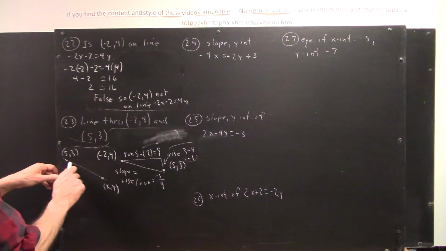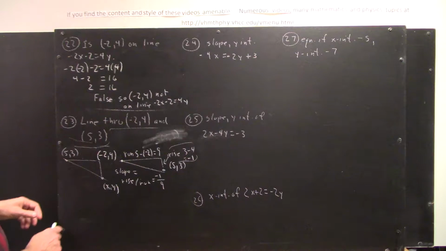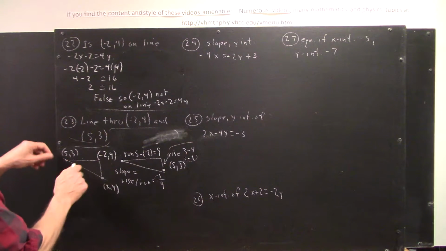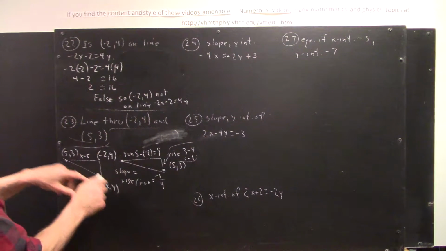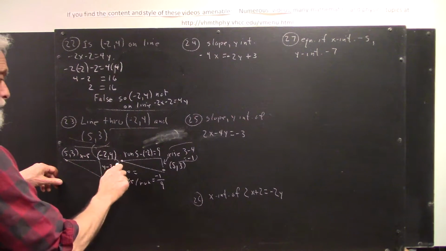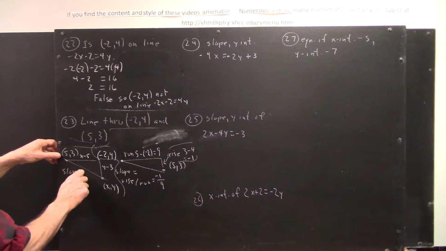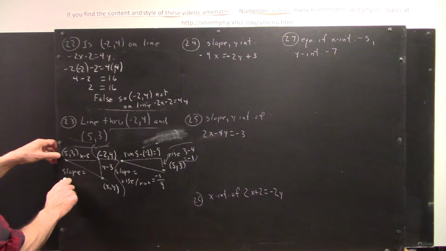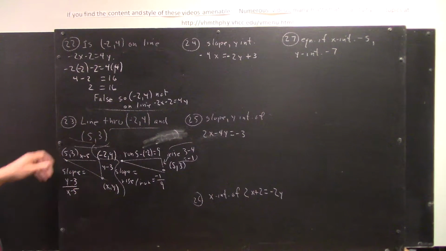And we construct our fundamental triangle again. The run up here is going to be x minus 5. The rise is going to be y minus 3. So the slope is going to be y minus 3, the rise, divided by x minus 5, which is the run.